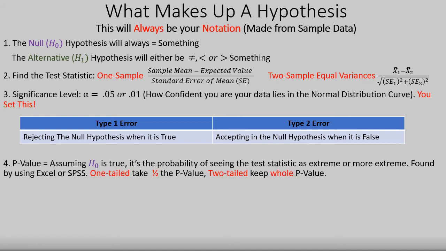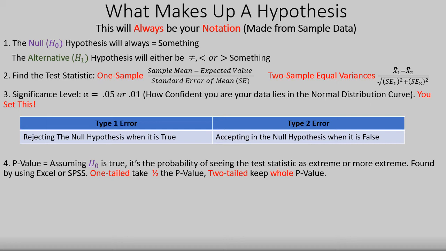The fourth step is examining your p-value. And what your p-value tells you is how significant your data is. So it's almost like a chance of seeing how true, how representative your data is of the population mean. And a few things I want to point out here.